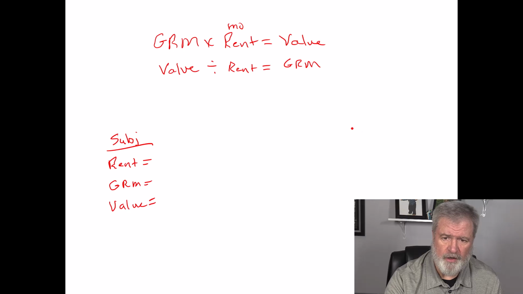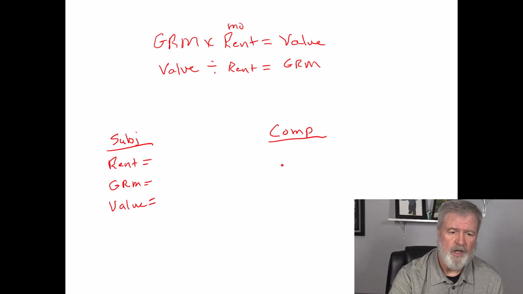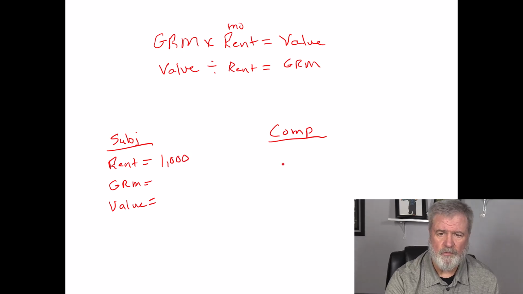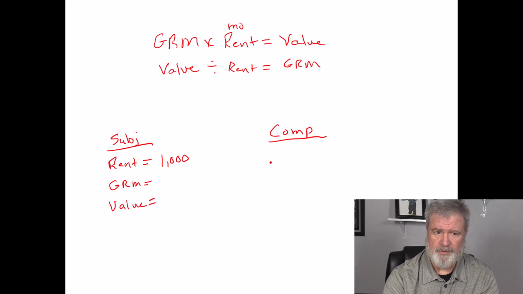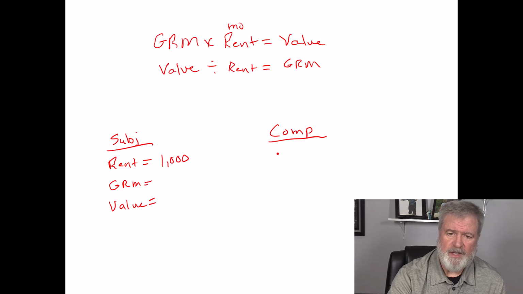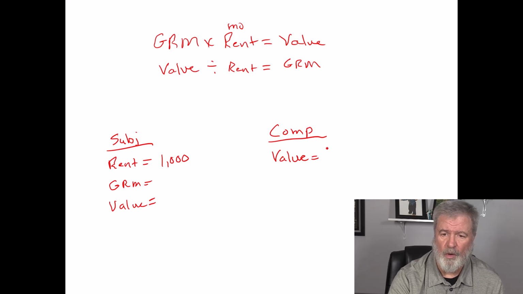But I also know they're going to give me a comparable property to help me figure out what the gross rent multiplier is. And by the way, let's say the rent was $1,000 a month for the subject. Now I'm trying to figure out this gross rent multiplier, and again, to do that, I need to know the value of the comparable. Again, the value is whatever it sold for.